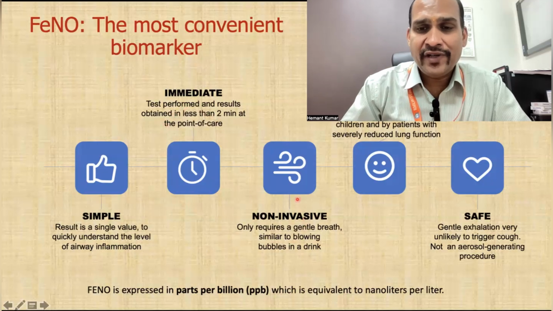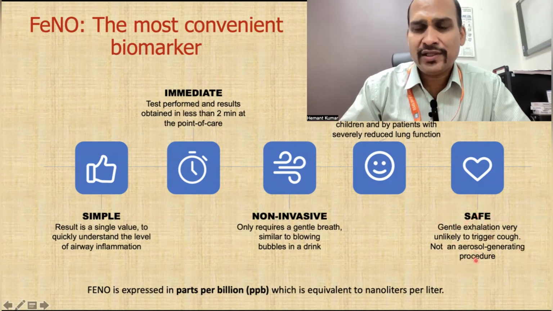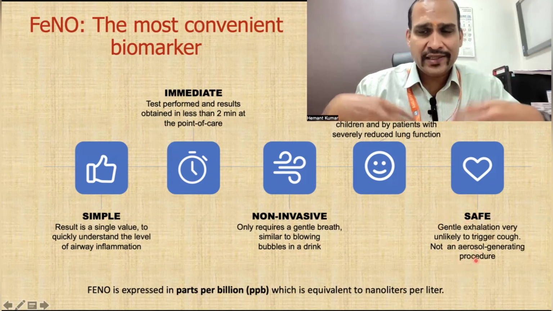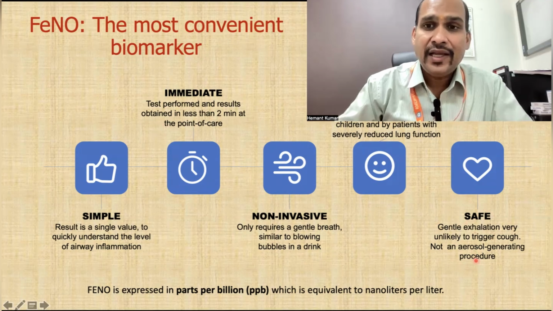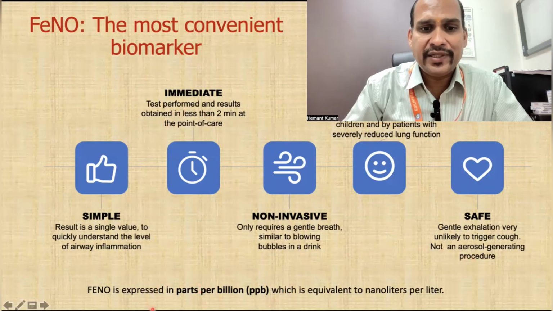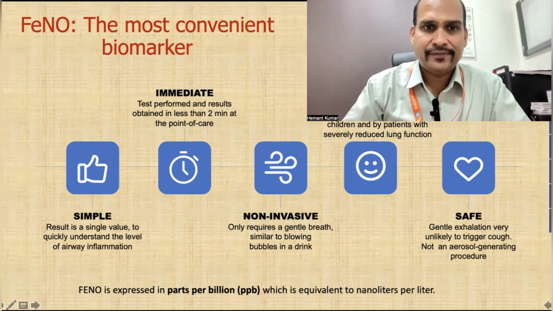It is a non-invasive test, easy to do and safe, because there is no inhalation of any drug. This is very safe. The unit is parts per billion, which is equivalent to nanoliter per liter. So the unit is parts per billion, ppb.